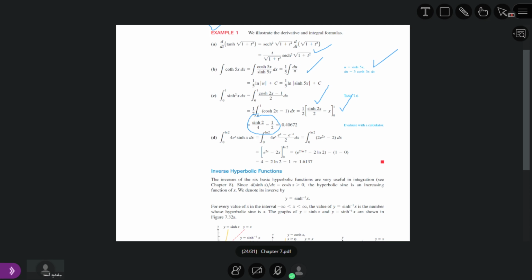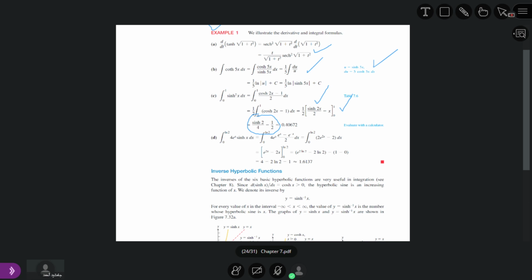After that we have here a definite integral from 0 to ln 2 of 4e^x sinh x dx. Now we put the value of sinh x.